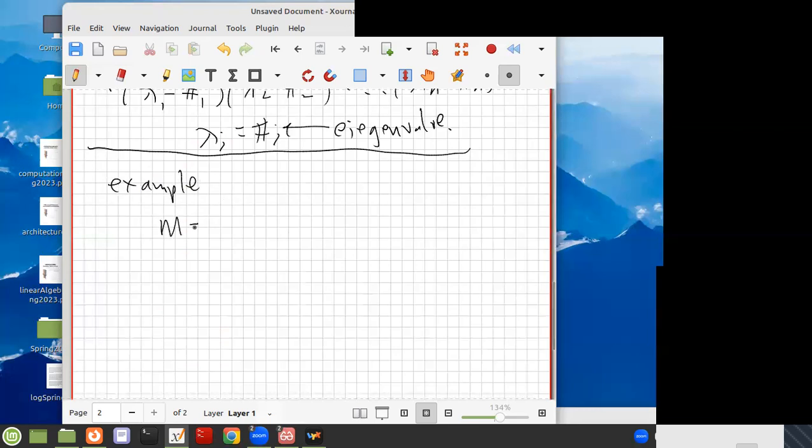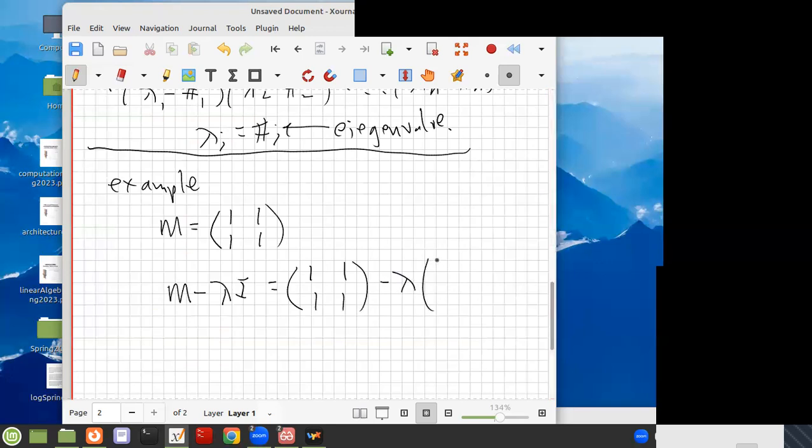Let M equal the matrix, say 1, 1, 1, 1, like that. What we want to do is look at M minus lambda times the identity, which equals 1, 1, 1, 1 minus lambda times 1, 0, 0, 1.